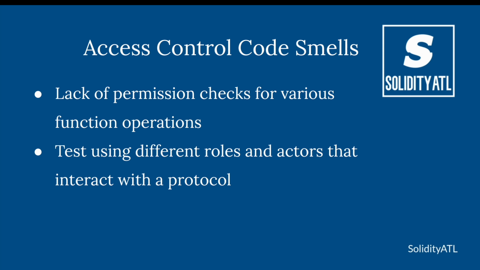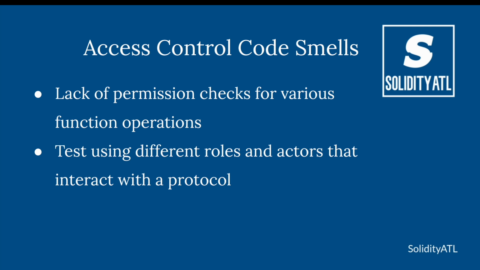Next is to make sure you test using these different roles. Of course, code smell is when you're reading the code and you can just sniff these out. But tests are also a great code smell, in my opinion. If you read through a protocol's tests, you can tell if they're even testing for these access control vulnerabilities.